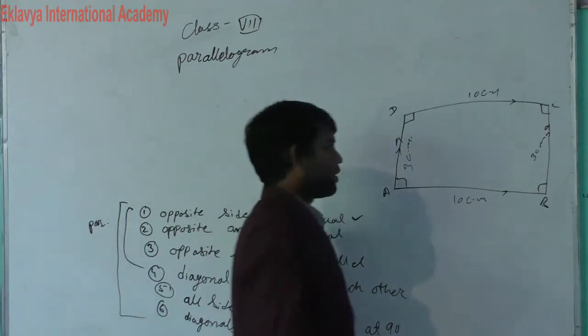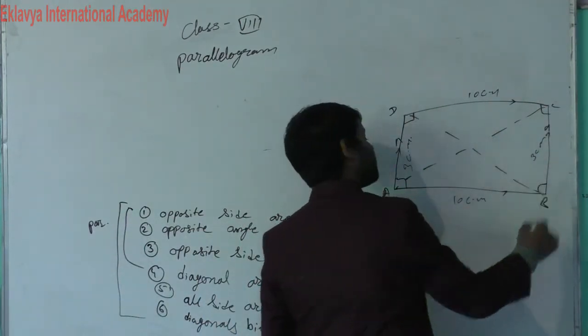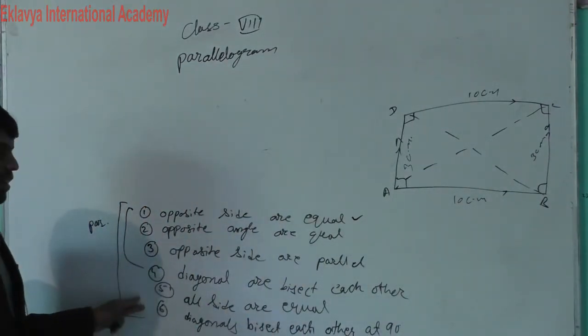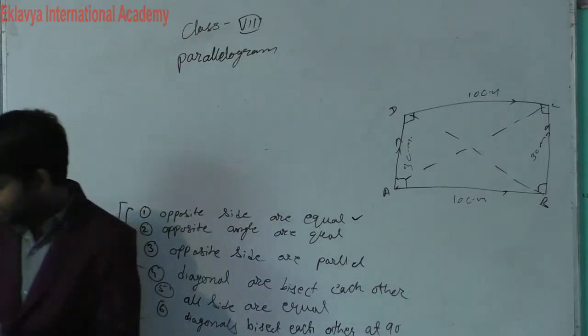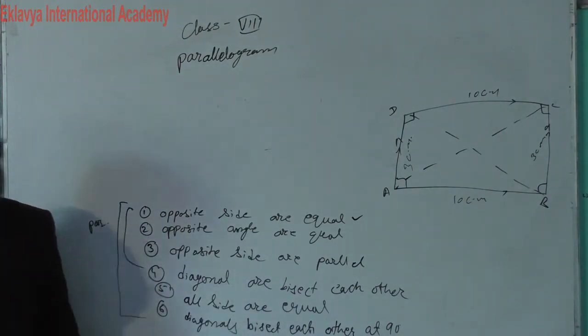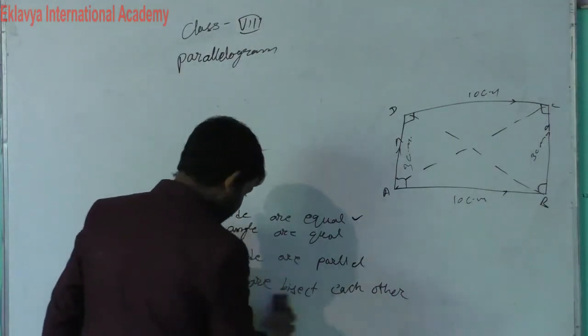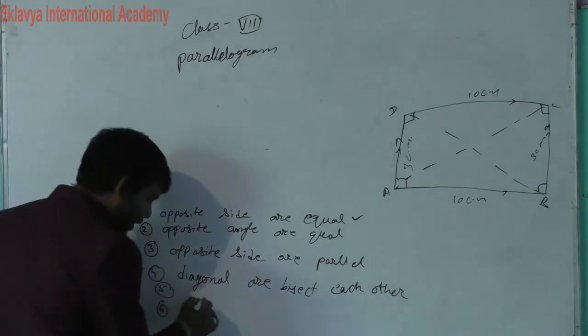Diagonals bisect each other. Now the remaining two properties after the fourth are changed from the rhombus. In the rhombus we have all sides equal, but in the rectangle we have all angles equal.